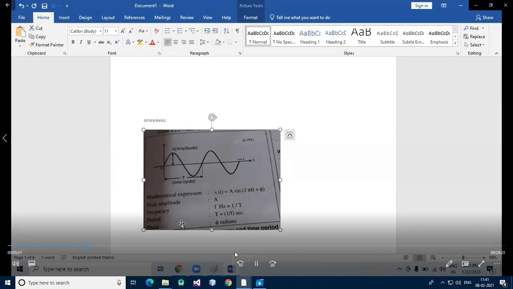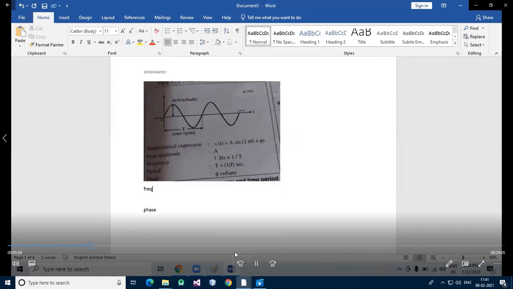Frequency and time period are reciprocals of each other.